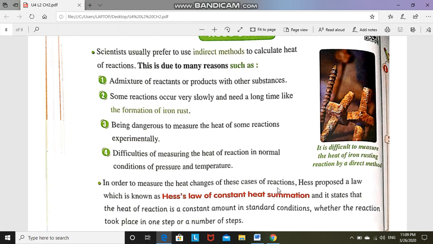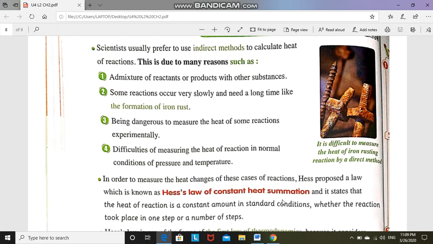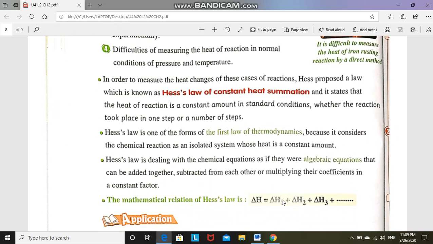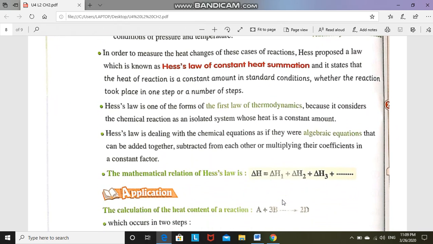So we have Hess's law that can summarize or make a summation for these reactions. At the end, we said that Hess's law is one of the forms of the first law of thermodynamics. Why? Because it considers the chemical reaction as an isolated system, where heat is a constant amount.